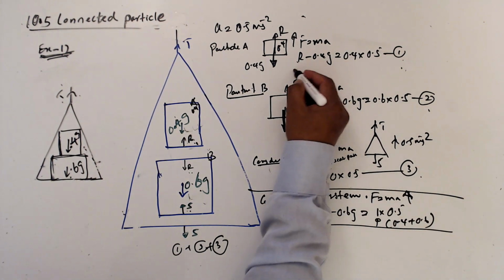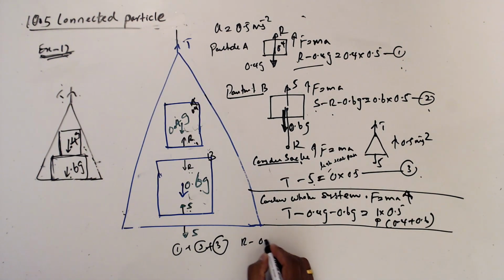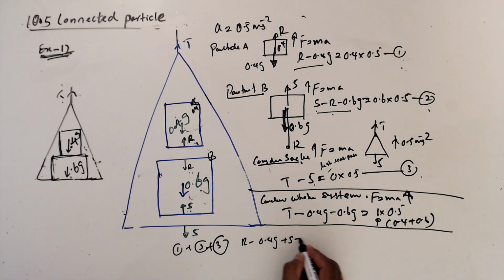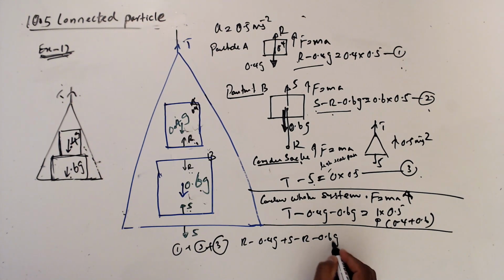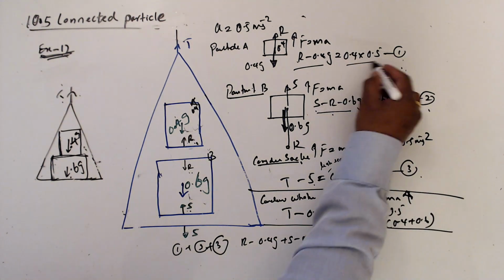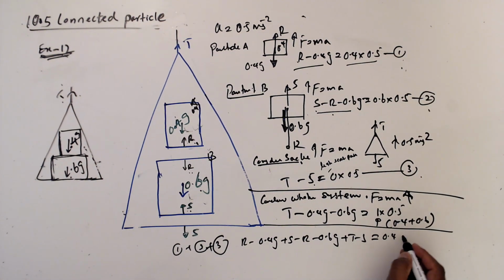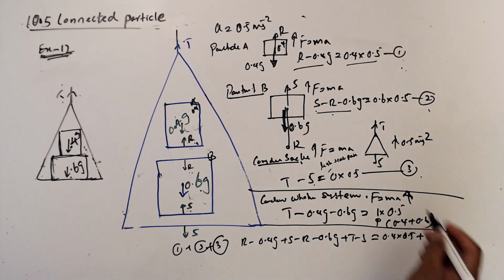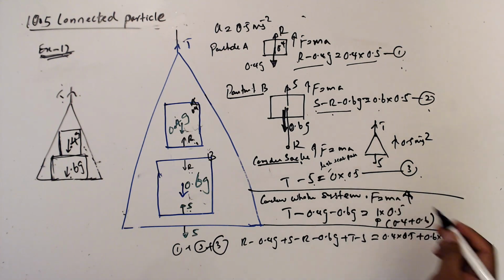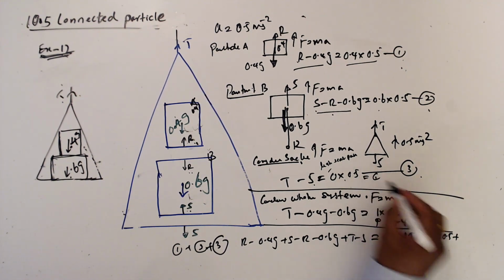So 1 is R minus 0.4G, and 2 on the left side is S minus R minus 0.6G, and this is plus T minus S equals, this is 0.4 times 0.5, plus this is 0.6 times 0.5, and this value is 0.